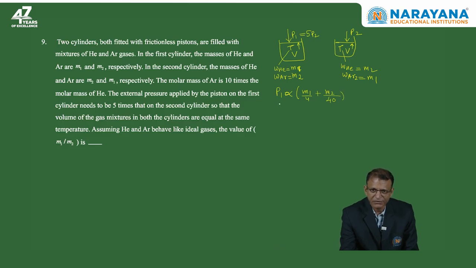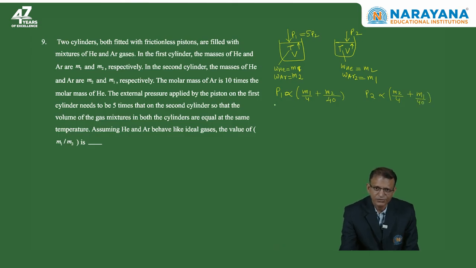So this is one equation. The other equation, from this cylinder, we can write that pressure P2 is directly proportional to the mass of helium gas, which is M2 now, divided by the molar mass 4, and the mass of argon gas is M1 now, and M1 divided by the molar mass, which is 40.